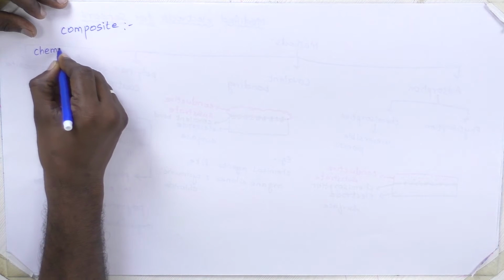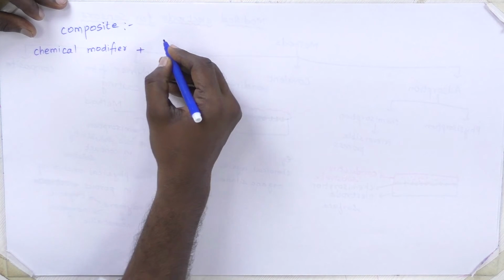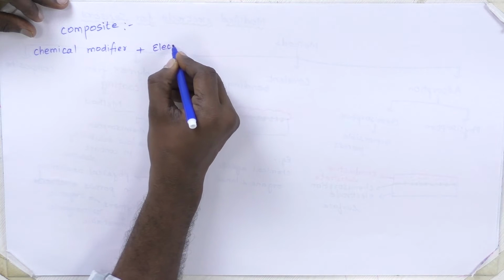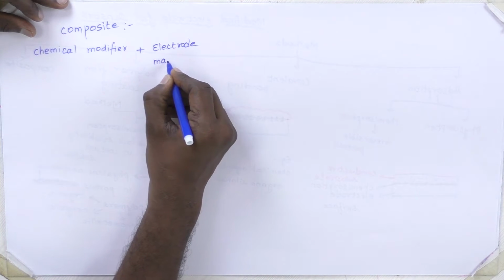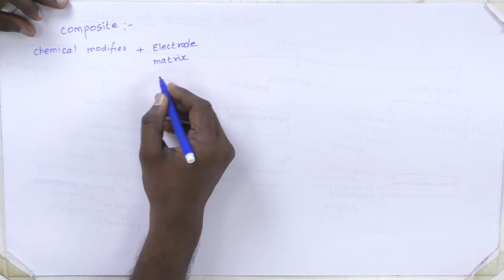Next one is composite. By the composite method, we can coat the conductive substrate on the electrode surface. Here, the chemical modifier is mixed with the electrode matrix material.